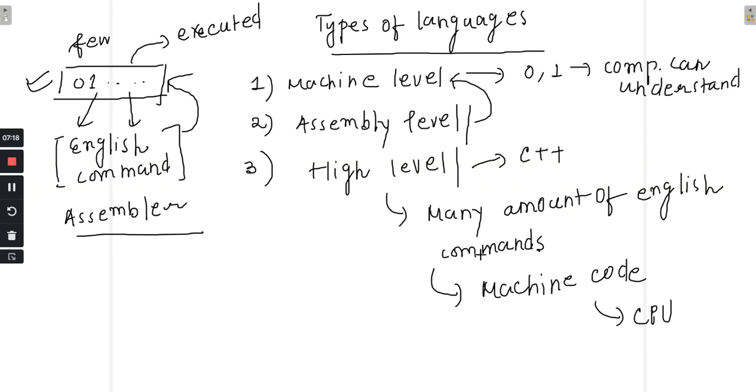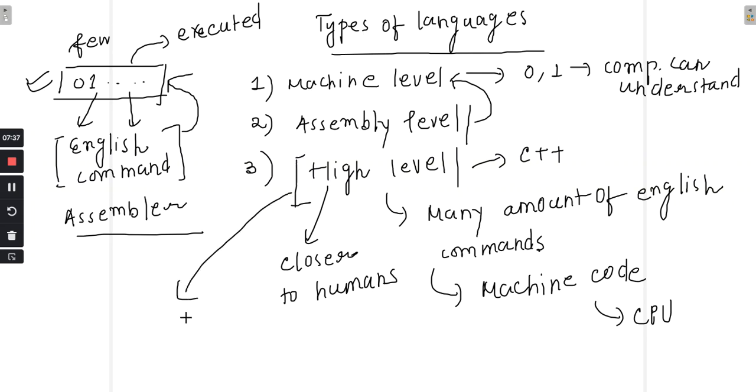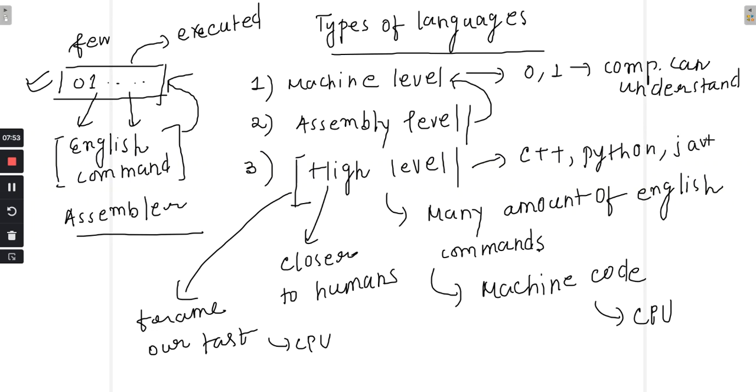Since many of the commands are of English nature, these high level languages are closer to humans. And thus, we can utilize these high level languages easily to frame our task, which can be performed by the CPU. One such language is C++. Other languages are Python, Java, etc. So in this tutorial, we are gonna see the basics of C++.